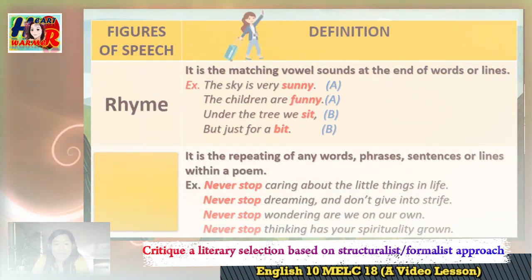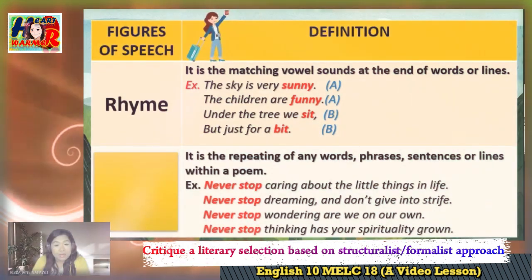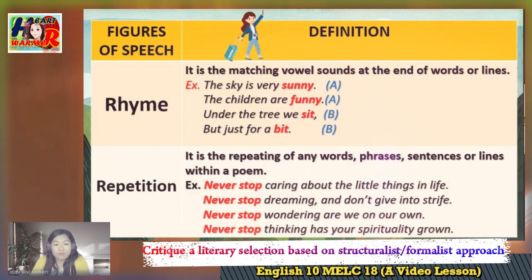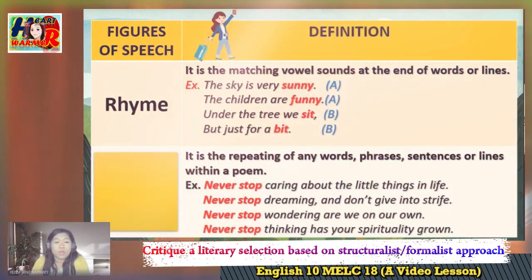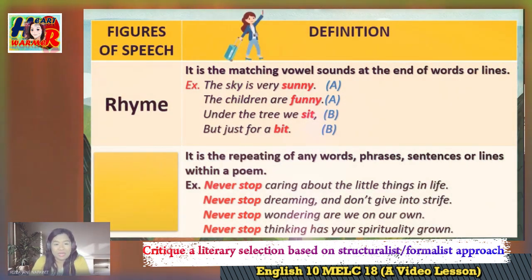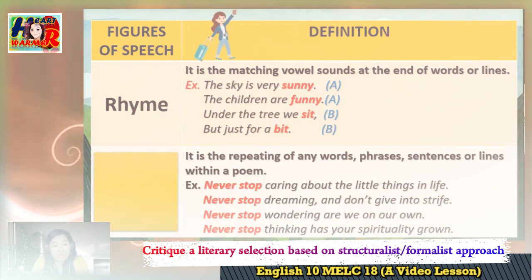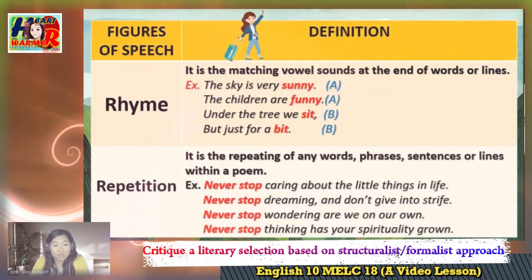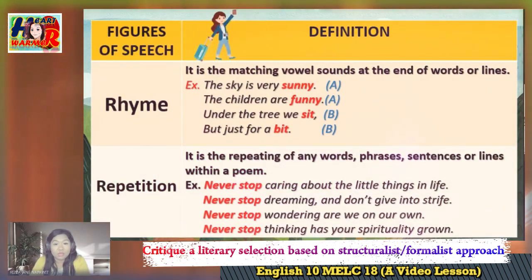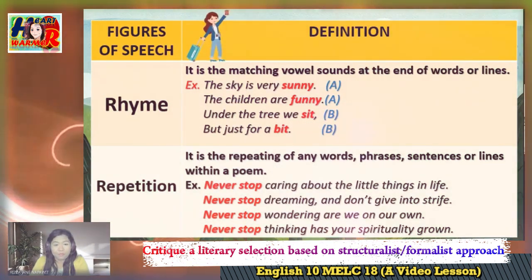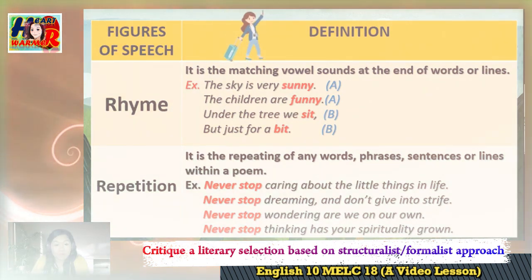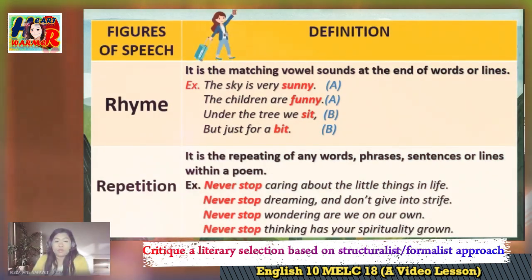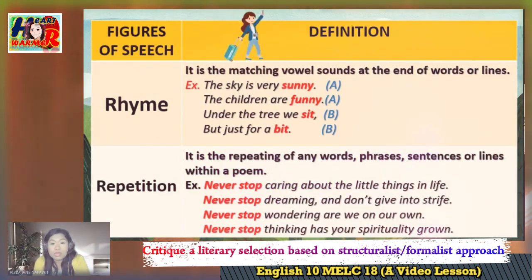So the pattern AABB actually refers to what we call rhyme scheme. Okay, and the second one is repetition. Obviously, it is the repeating of any words, phrases, sentences, or lines within a poem. So never stop. Those are the first words of these statements.